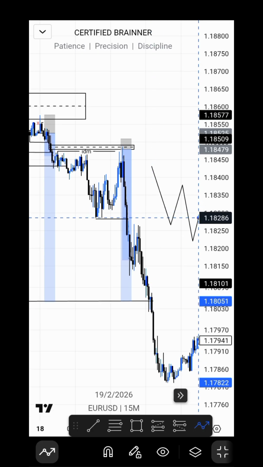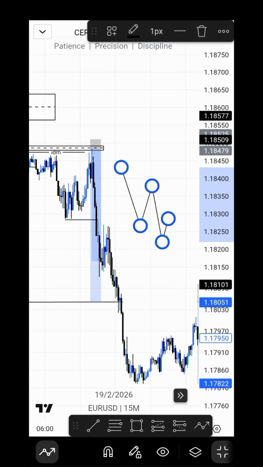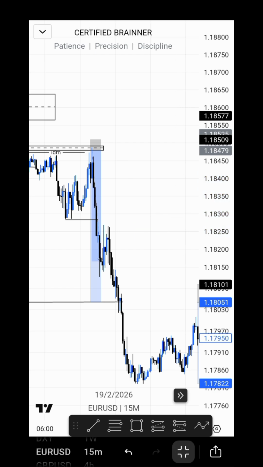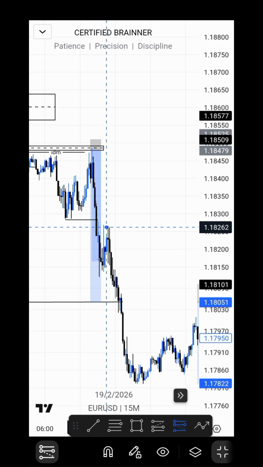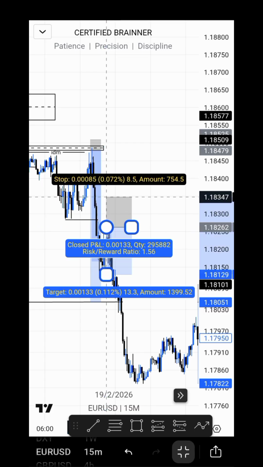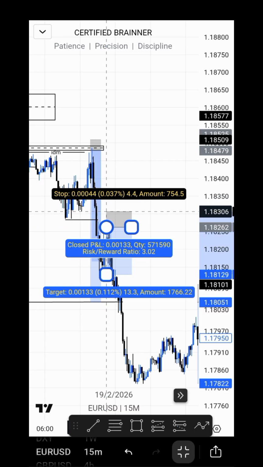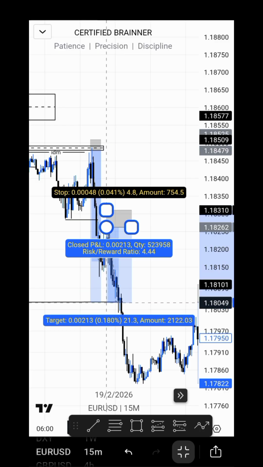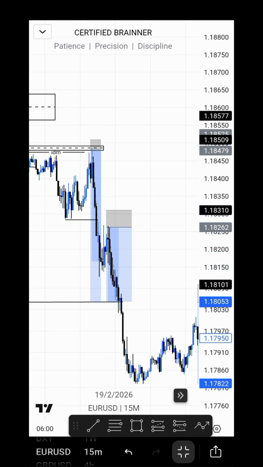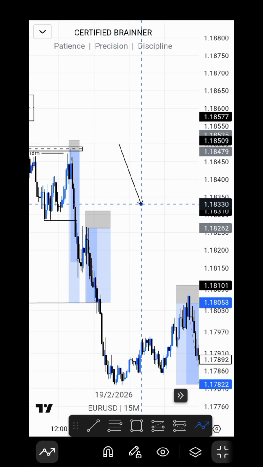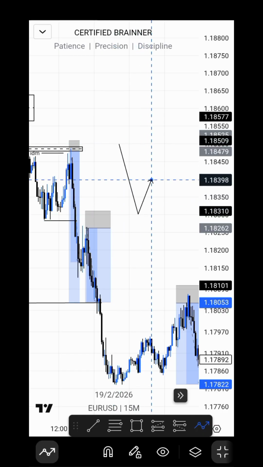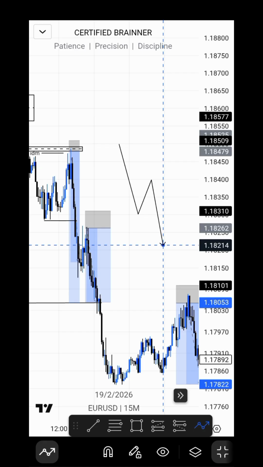Let me draw this very well. Okay, let me take this out. That second entry was taken around here, somewhere here, but I might not be explaining it here in this video. But the concept used there was the concept of break and retest. Okay, that's when market breaks a particular point, comes back to retest and boom boom boom, close down.